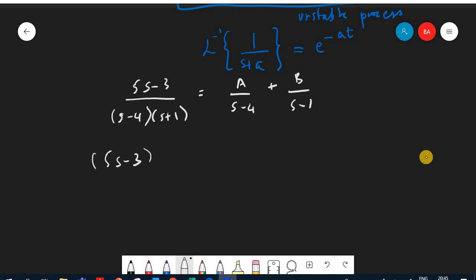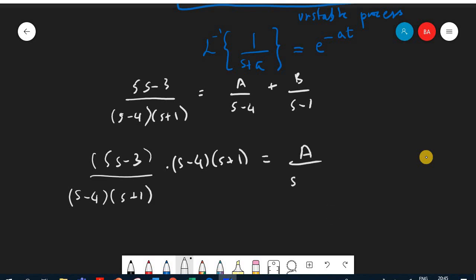So I multiply 5s minus 3 over s minus 4 into s plus 1 by s minus 4 into s plus 1, and I do the same for the right hand side, which means I'm going to cancel out those terms.